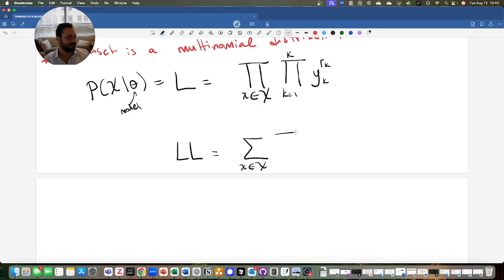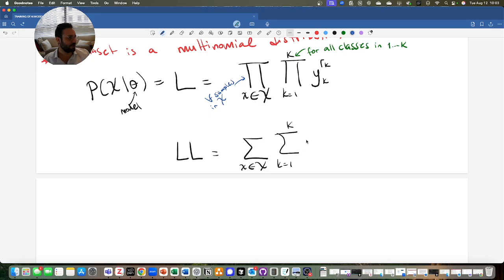This is the sum for k equals 1 to capital K, and let me mark it because things can get very crowded and be lost at some point. So this is for all classes, 1 to capital K, and this is for all samples in the data set, right?